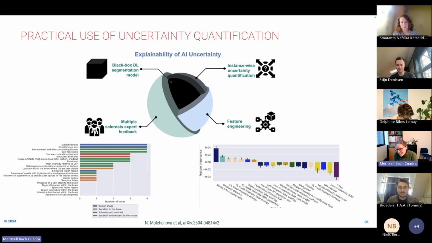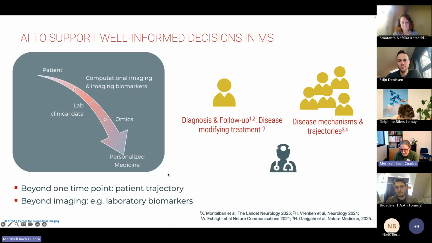And on the other side, to features that come from, if you are familiar with them, radiomics features, and other features that we can measure based on the lesions and on the patient data. These are things that we are really trying to explore to better understand what information the uncertainty is carrying. So this is my last slide, and I will give the floor to Delphine.